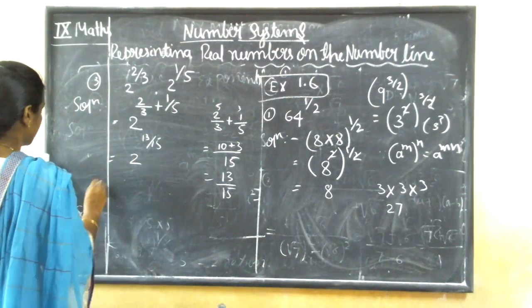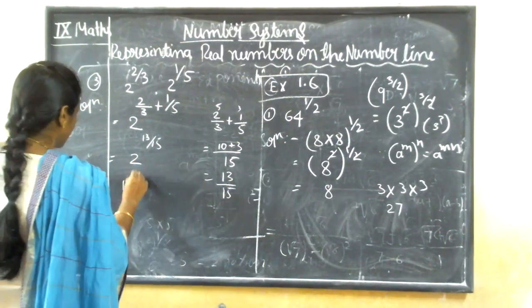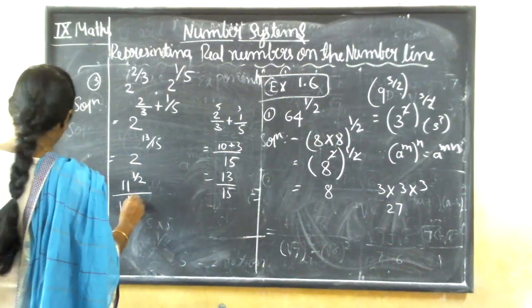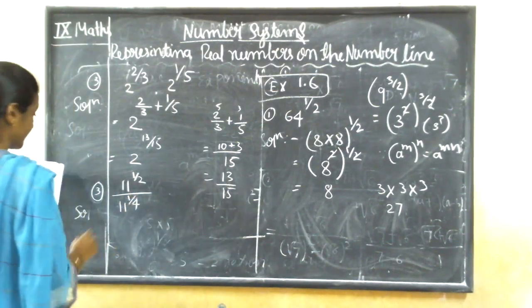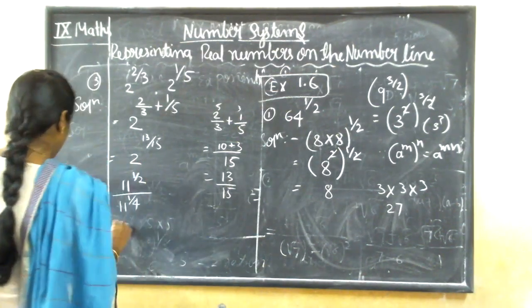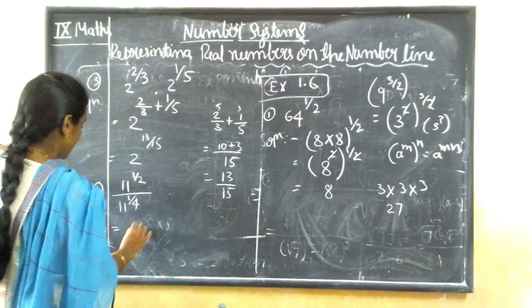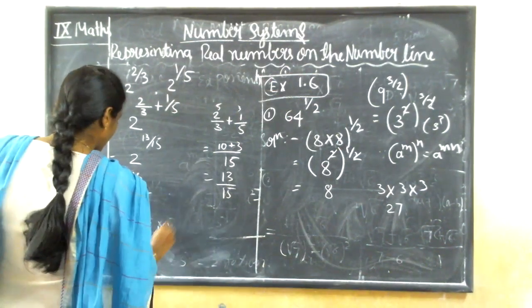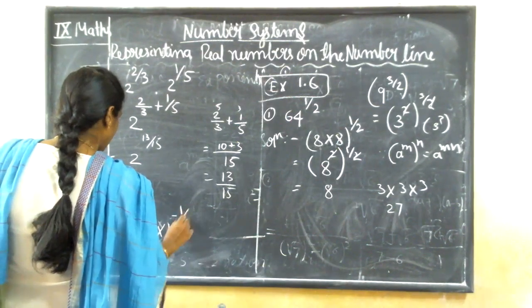Clear? And the third one, let me take the third one. 11 raised to 1 by 2, 11 raised to 1 by 4. Here what we get? 11 raised to 1 by 2 into 11 raised to minus 1 by 4.